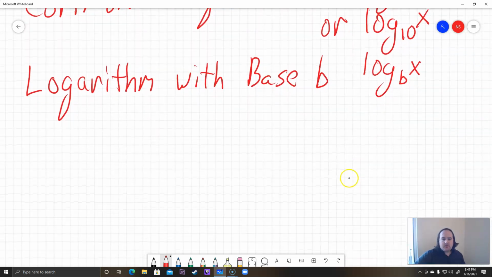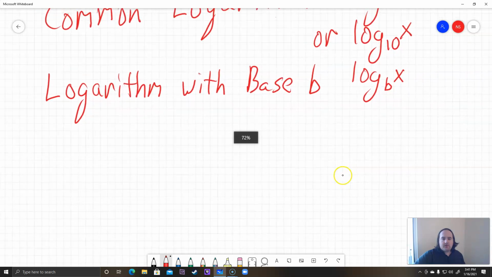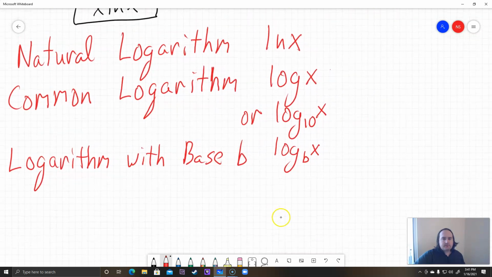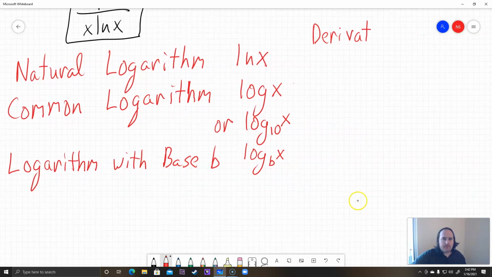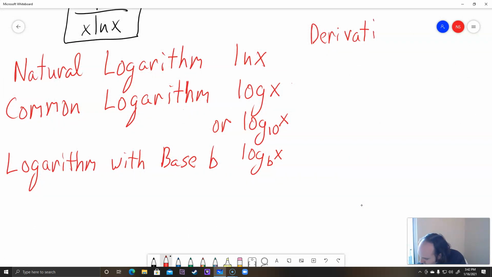So what's the derivative of a logarithm with base b? Well, first of all, I'm going to try to make a little table here with these derivatives. So I think I'm going to zoom out a little bit more. Okay, so derivatives.